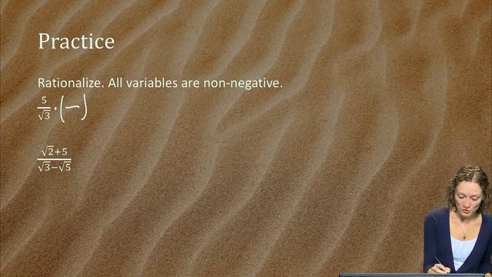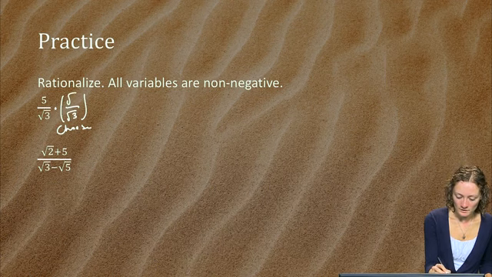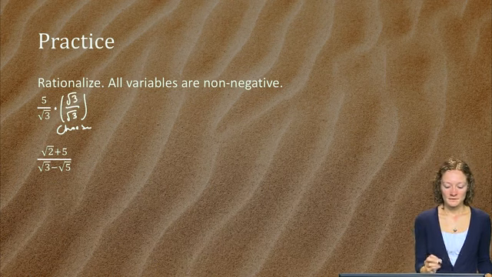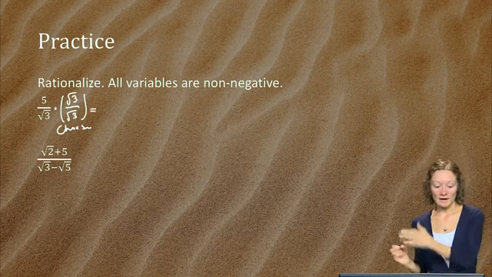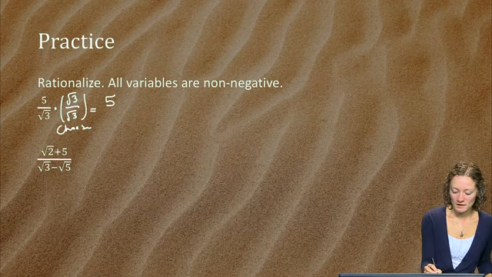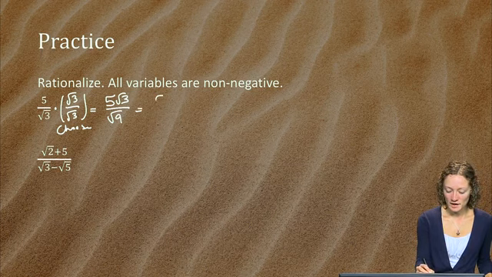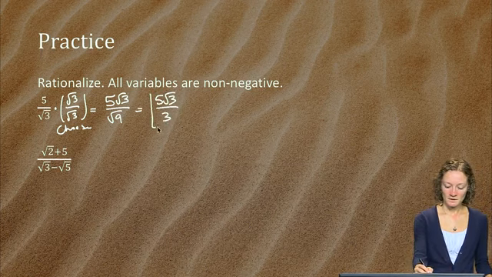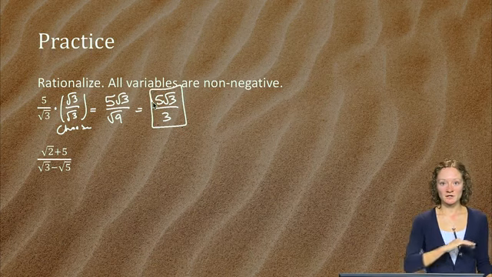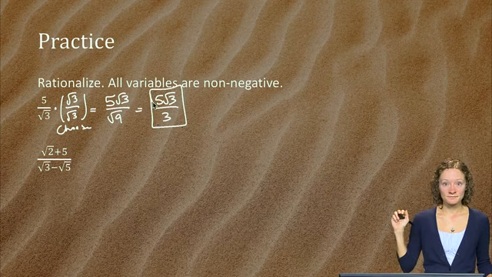We are going to choose the square root of 3, so that when we carry out this multiplication, we get 5 square root of 3 over square root of 9, and that square root of 9 simplifies to 3. So we get a denominator with no radical.